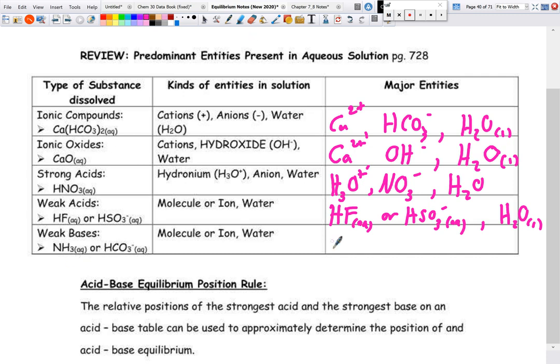So the molecule or the ion remains unchanged. And of course, we have water present. So that is how we write out all of our entities. The rules that we already had before, like molecular compounds, you don't change, and stuff like that.